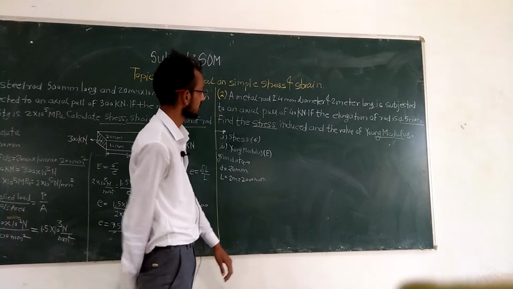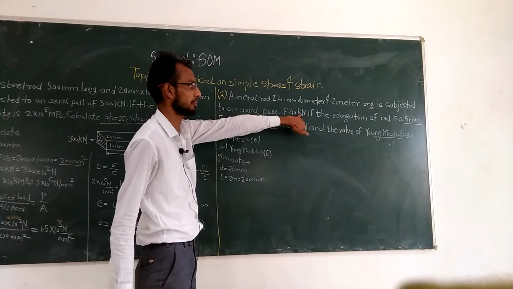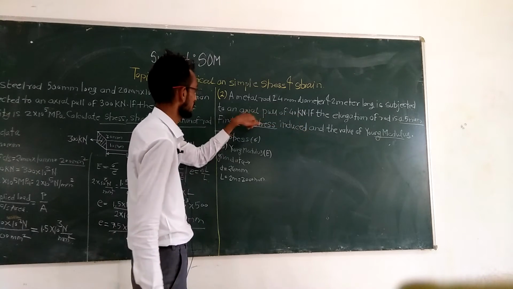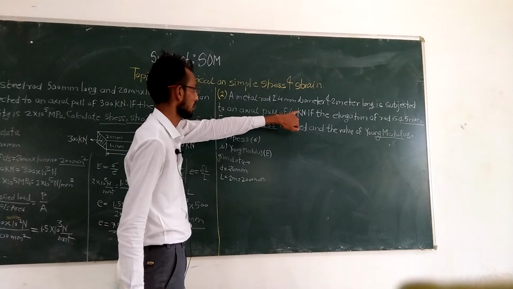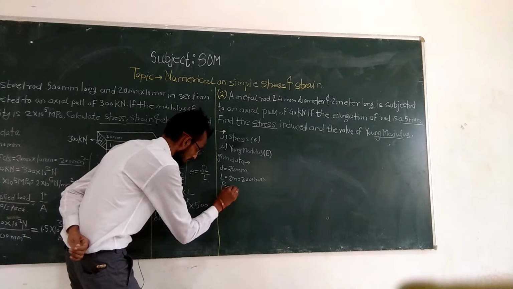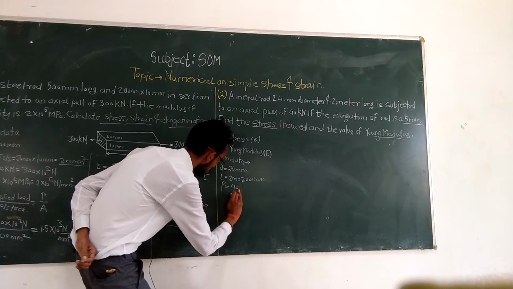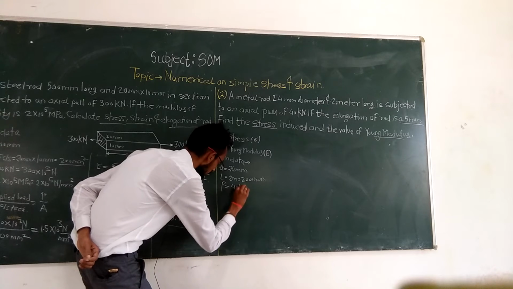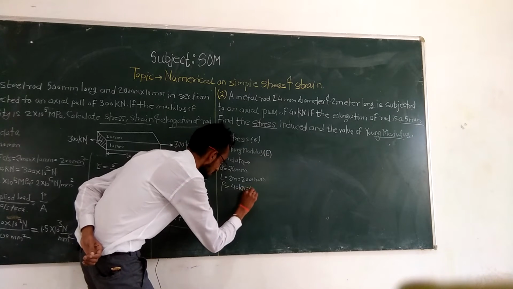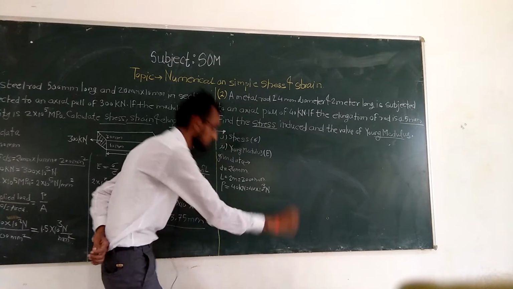The axial pull of 40 kilonewton means the applied load P is equal to 40 kilonewton, which is 40 into 10 raised to 3 Newton.